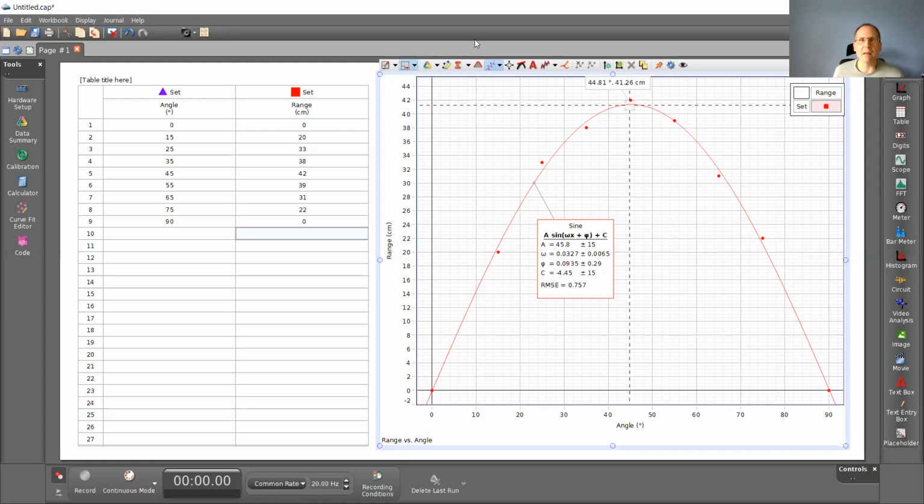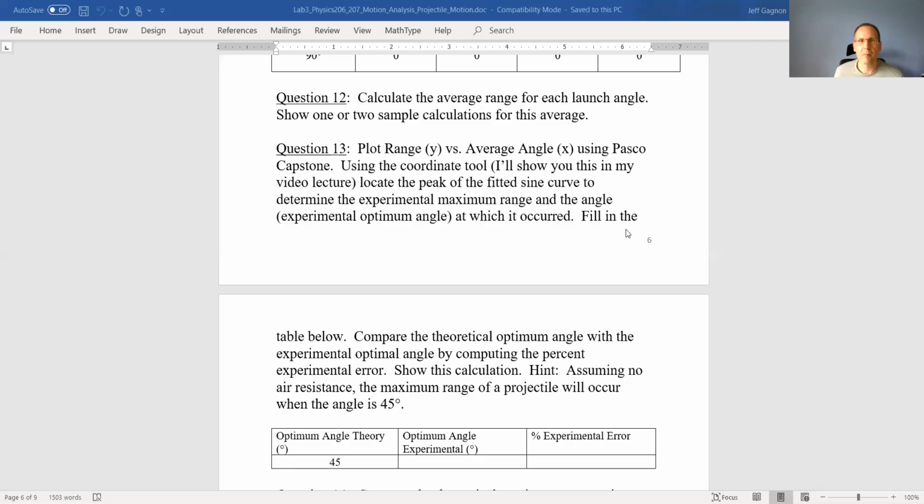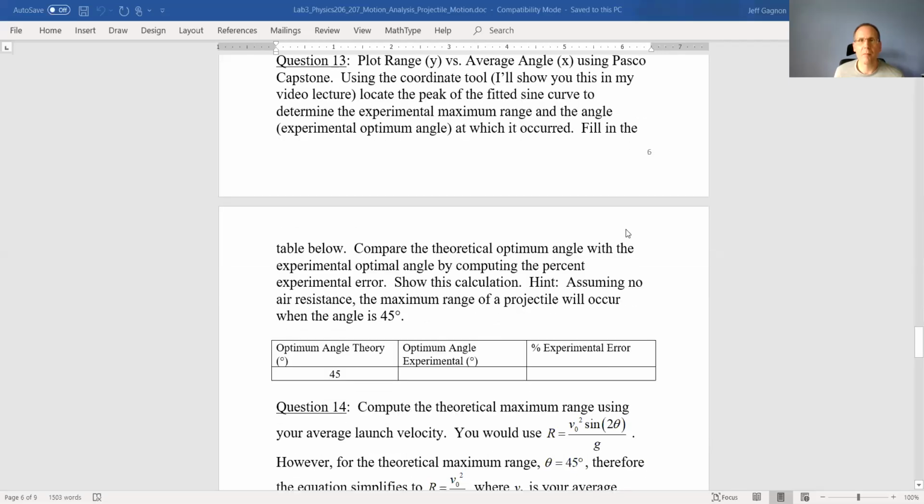Okay, so let me go back to the handout. Question 13 is asking you to do that plot, so you want to copy and paste it into your lab report. And then it says, compare the theoretical optimal angle.